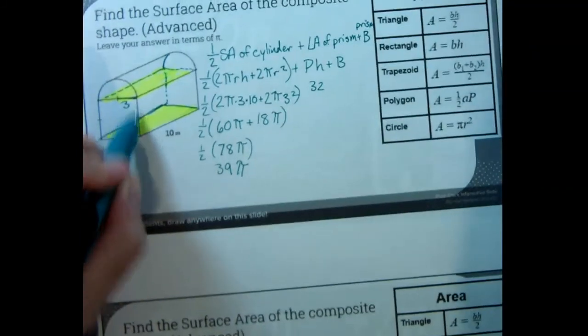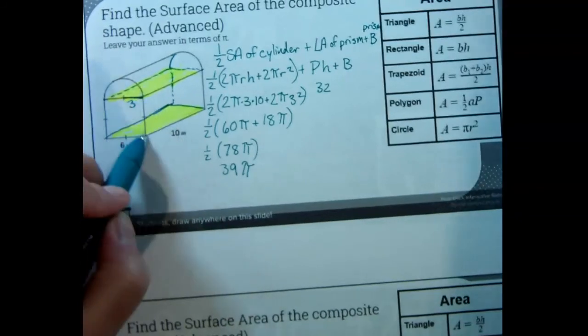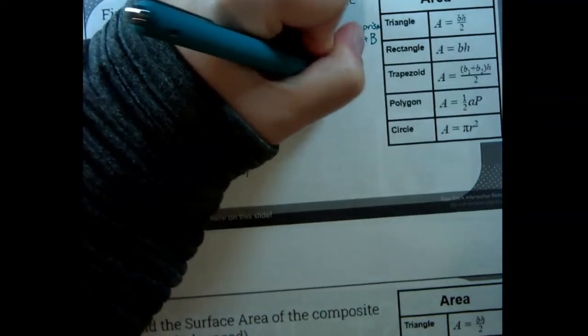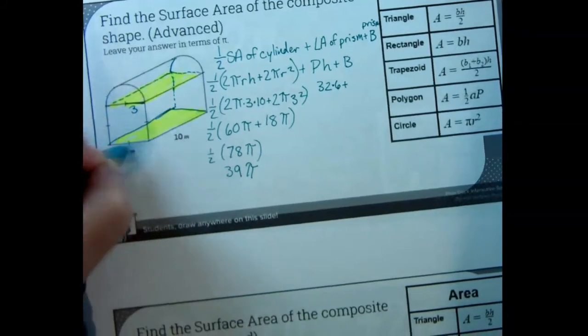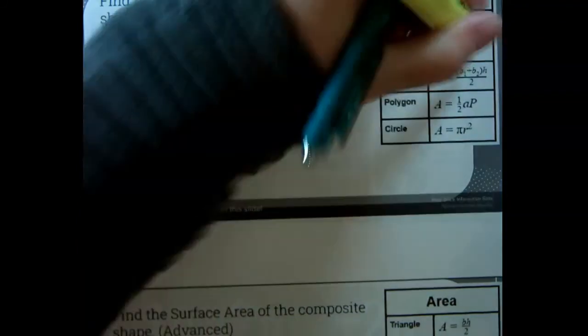And then how far apart are the bases? It's easy to tell since they're highlighted. From yellow to yellow, it's 6 units long. And then the area of my base would be 6 times 10 because I have a rectangle.